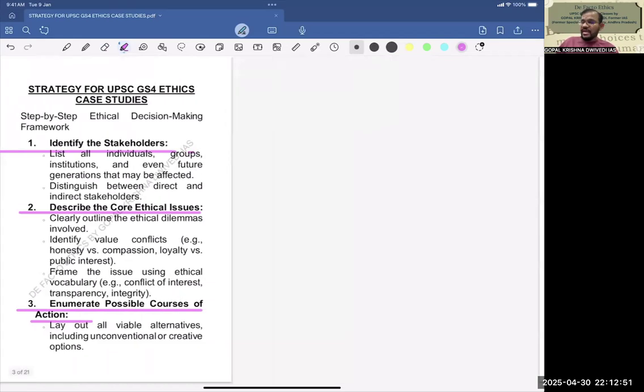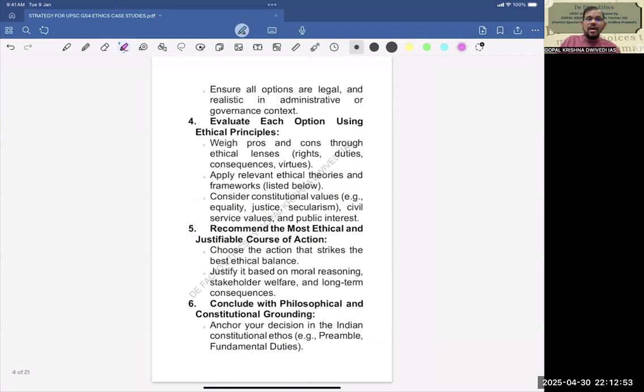But we should keep one thing in mind, that all options which we are proposing, all alternatives which we are suggesting, should be legal and realistic. We cannot suggest any option which is illegal and unrealistic in an administrative and governance context. So this is very important.